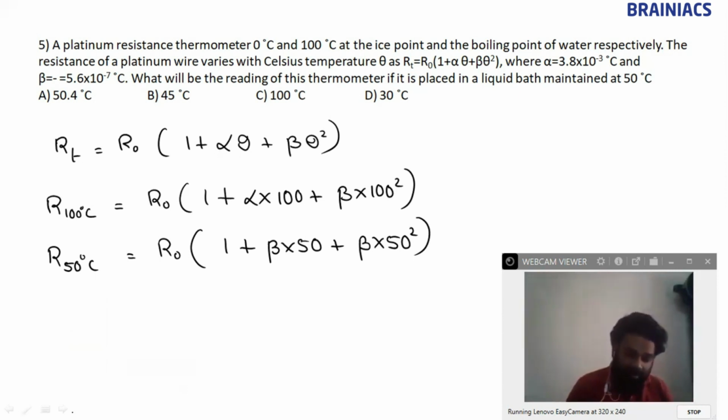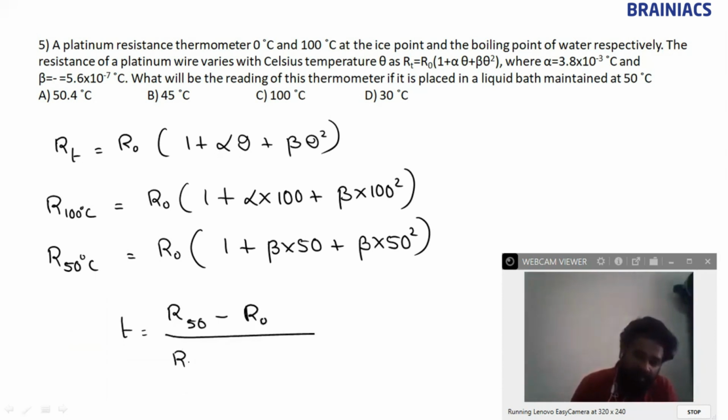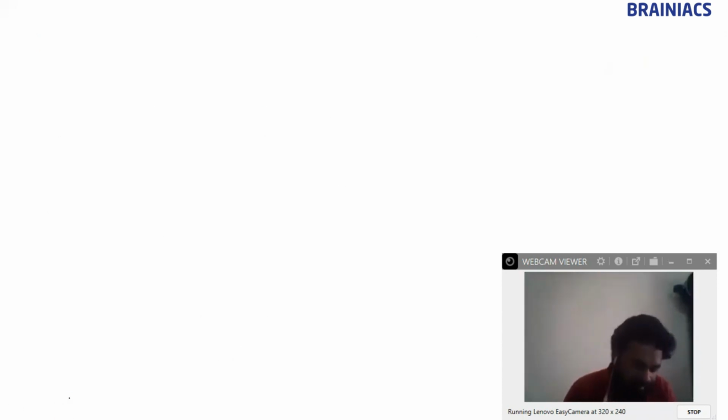Now let us find how we can find the temperature of that liquid. T is equal to, it is given as 50, but we will have to find it and verify. T is equal to resistance at 50 degrees Celsius minus resistance at 0 divided by resistance at 100 minus resistance at 0. Okay, so let us see.